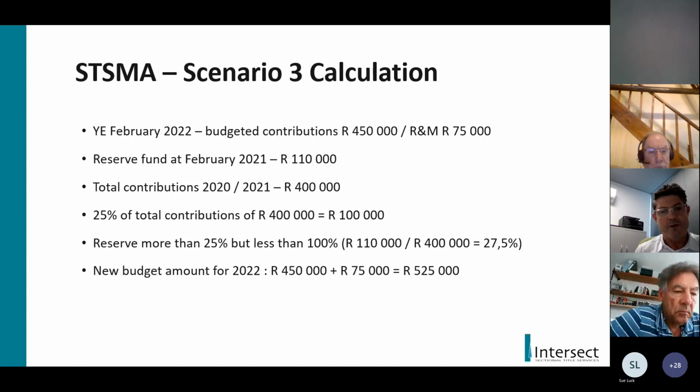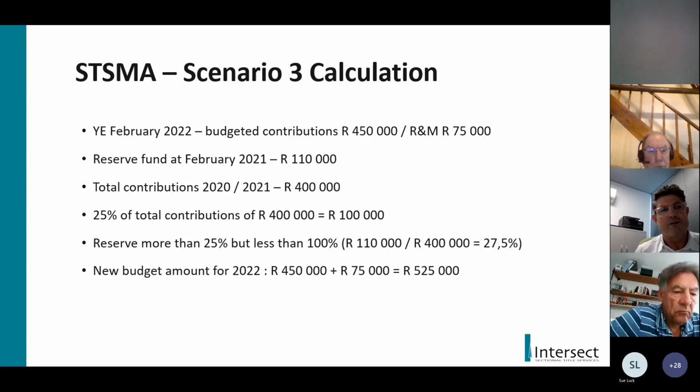So in scenario 3, between 25 and 100%, that will determine what your contribution has to be. So therefore, your new budget for 2022, 450,000 Rand, which is your planned contribution for 2022, plus 75,000 gives you 525,000 Rand.